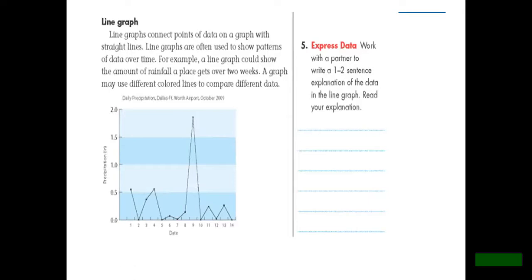Line graphs are often used to show patterns for data over time. For example, a line graph could show the amount of rainfall a place gets over 2 weeks. A graph uses different color lines to compare different data. Express data. Work with a partner to write a one or two sentence explanation for the data in the line graph.